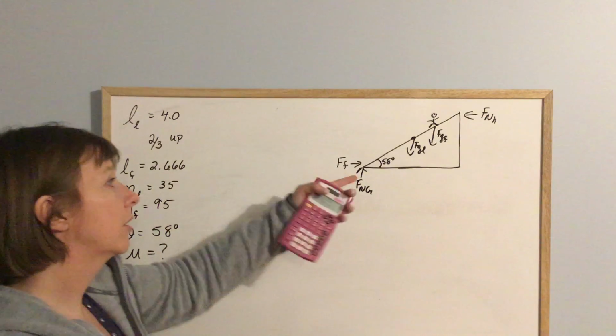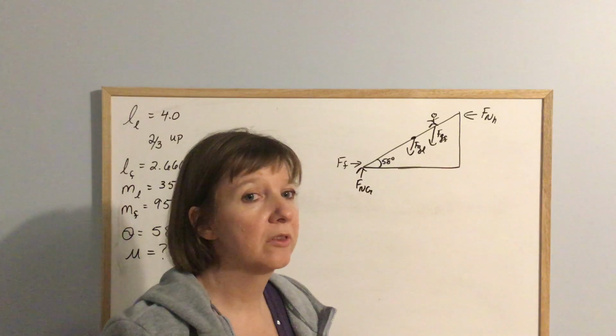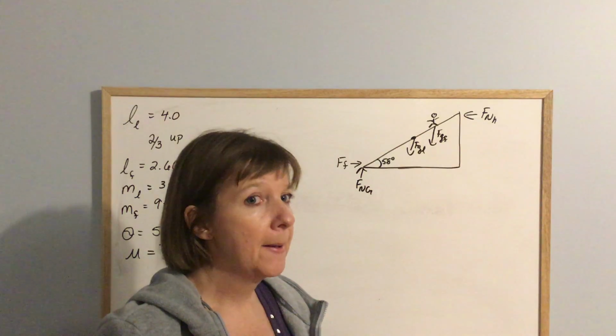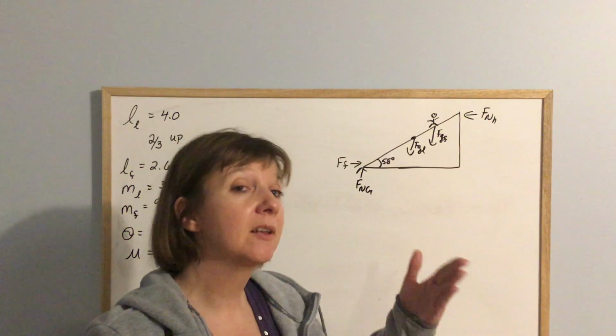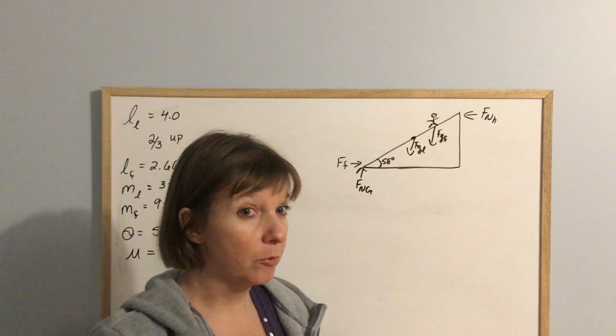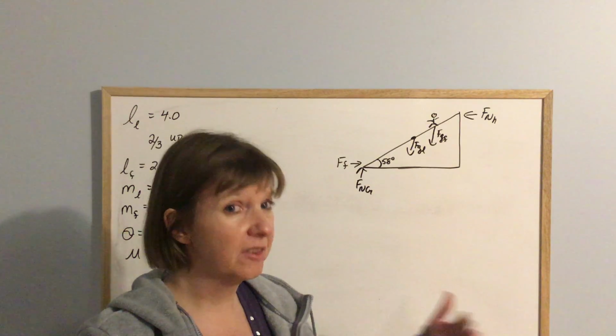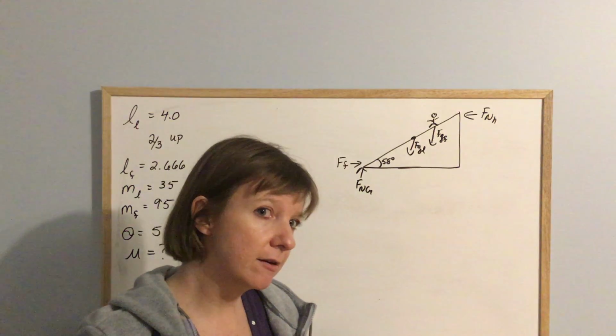So that means we want to talk about friction. So eventually we want to be talking about the horizontal forces. But that's actually going to be the last thing we talk about. We have to talk about a whole lot of things before we get there. And you'll see why when we get there.